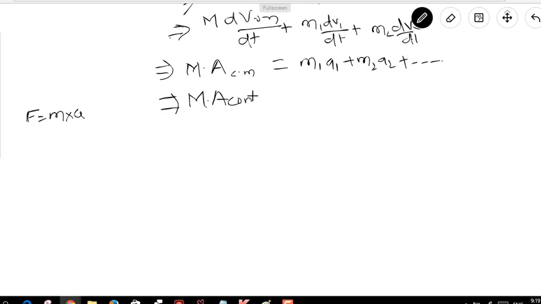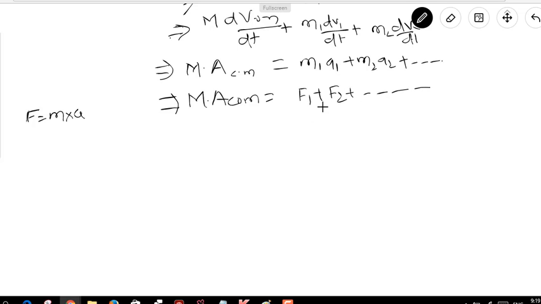So we can replace the RHS by the individual forces on the ith particle. So this one will become F1, this one will become F2, and so on.